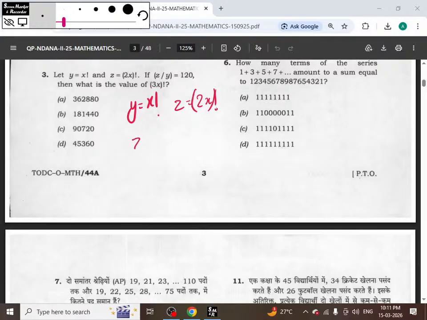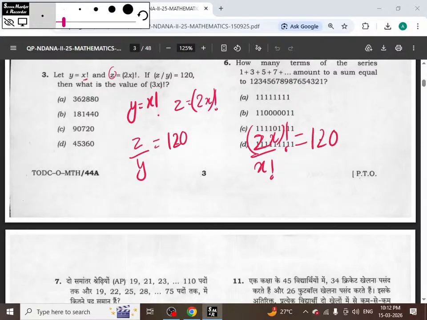And if z upon y equals 120, then what is the value of 3 factorial? Interesting question. So we have y equals x factorial, so z upon y, and z equals 2x, so (2x) factorial upon x factorial equals 120.